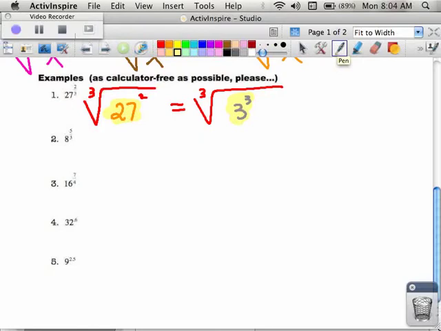And then I know that that was being raised to the second power. And last week we learned that when we have a power to a power, we multiply the exponents. So this is really like saying the cube root of 3 to the sixth power.